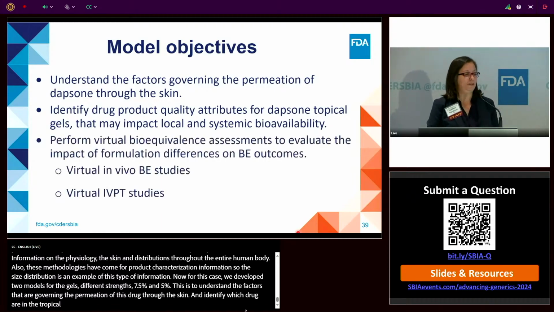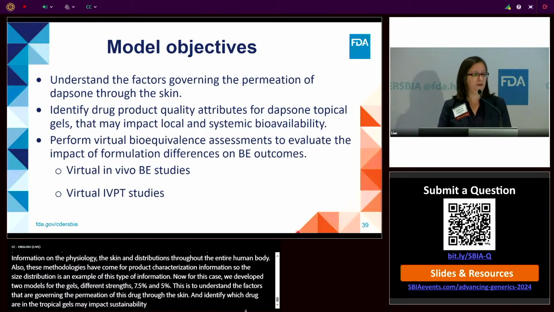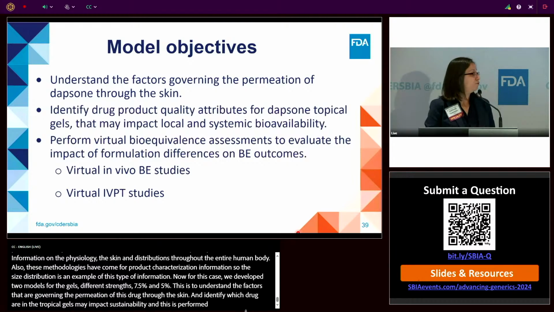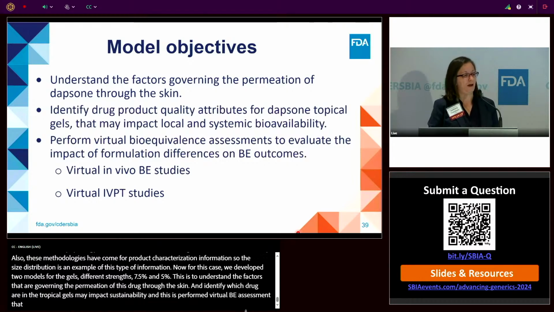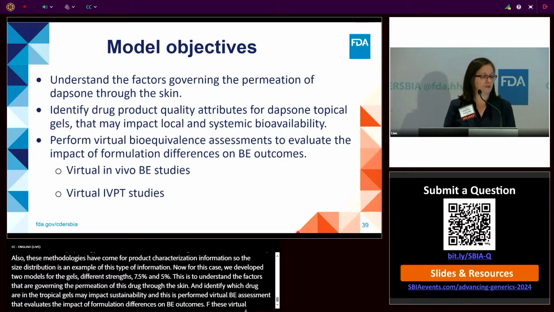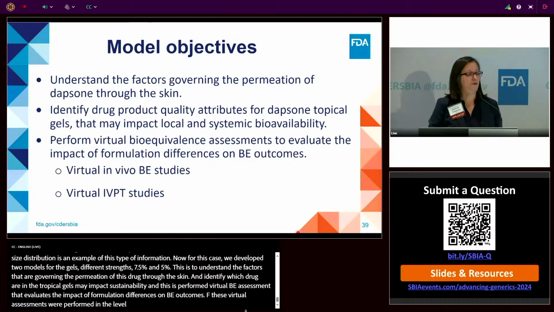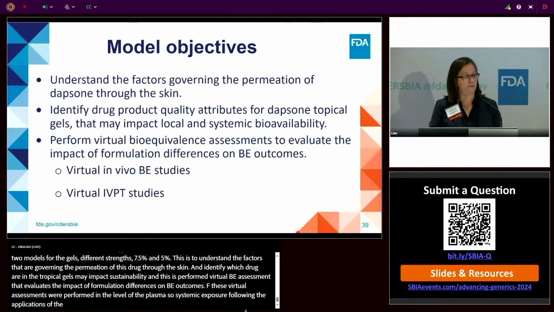And these models were finally applied to perform virtual bioequivalence assessments that evaluate the impact of formulation differences on BE outcomes. These virtual bioequivalence assessments were performed at the level of the plasma, so systemic exposure, following the application of the gels, and also within the context of an IVPT study, an in silico IVPT study.